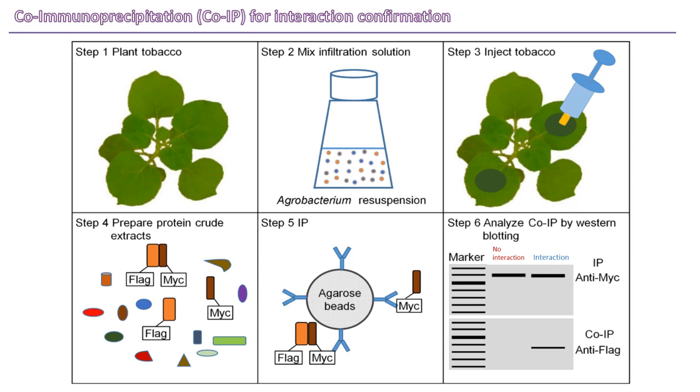And after the washing step, we do the co-IP Western blot, and if we can see the FLAG signal in the anti-FLAG blot, which means that there is an interaction. If we cannot see any signal, which means that there is no interaction.